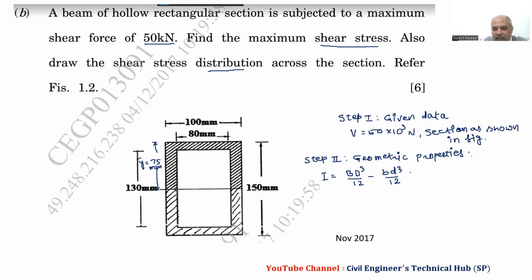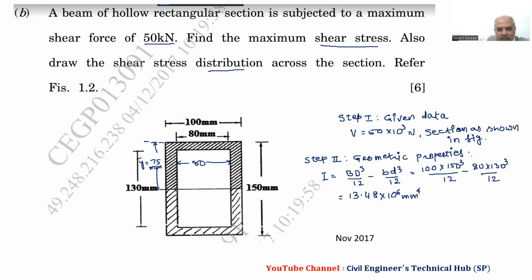Then we have 100 into 150 cube by 12 minus the inner portion, which is 80 wide and 130 high, so minus 80 into 130 cube by 12. From this we get the value of I, that is 13.48 into 10 raised to 6 millimeter to the power 4.